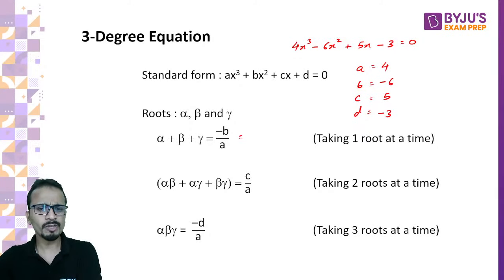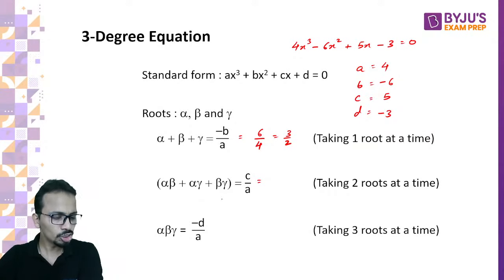So the sum of the roots taking one root at a time is minus B upon A. Minus of minus 6 will be plus 6 divided by A, that is 6 upon 4, or you may write it as 3 upon 2.